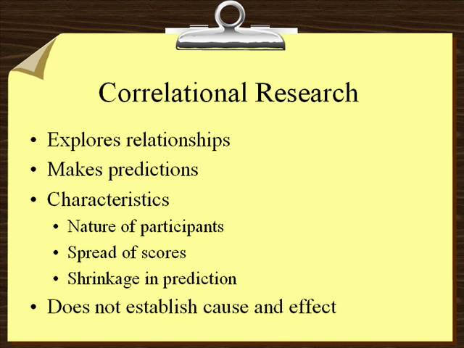If we had low numbers of subjects, probably not going to be a very good study there. The whole point of correlational research in this setting is to describe the relationship between variables and help us to make prediction. Again, correlational research does not establish a cause and effect.